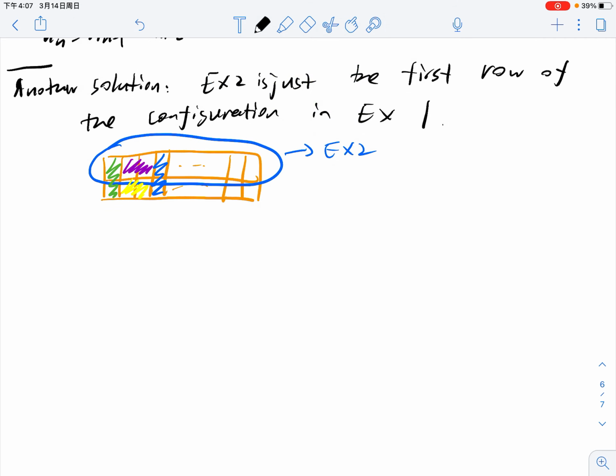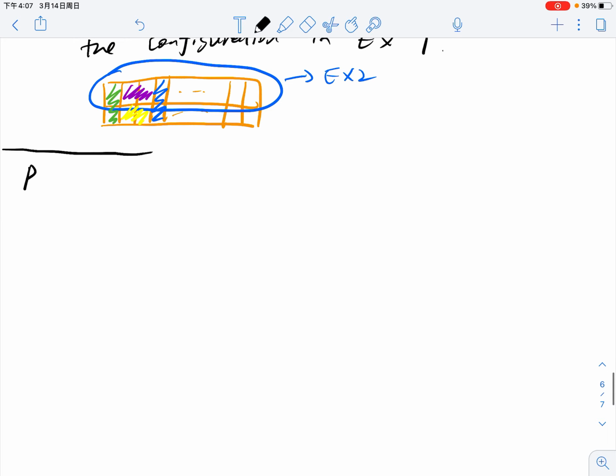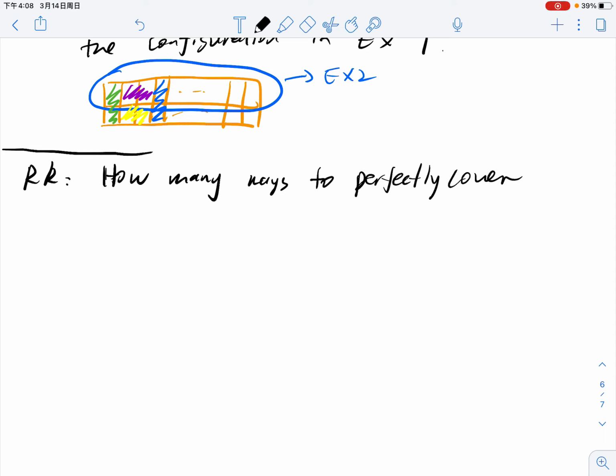Okay. And another remark: you shouldn't think the problem of perfect cover is very easy. If you change it to the following question, how many ways to perfectly cover 3 by m by 1 by 2 dominoes?